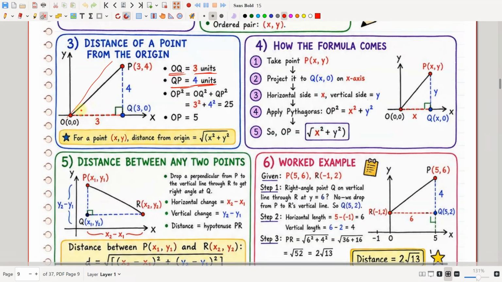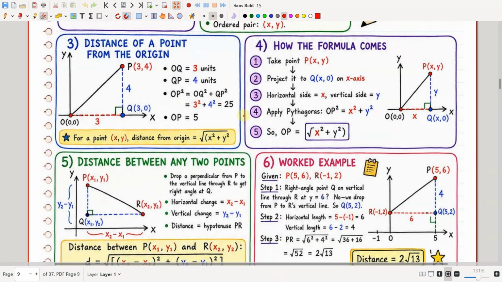So OP square, the hypotenuse, is equal to OQ square plus QP square, which is 3 square plus 4 square, which is equal to 25. So OP square is 25, then OP will be equal to 5. So for a point x comma y, the distance from the origin is root of x square plus y square.